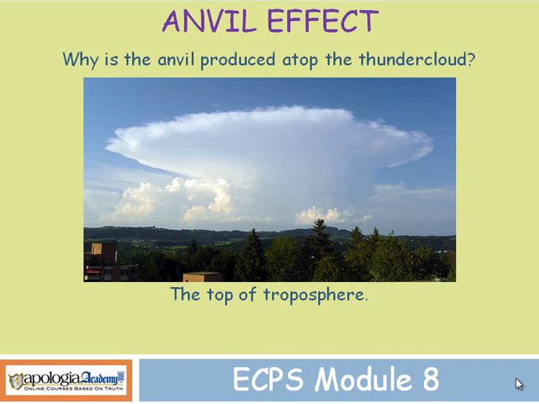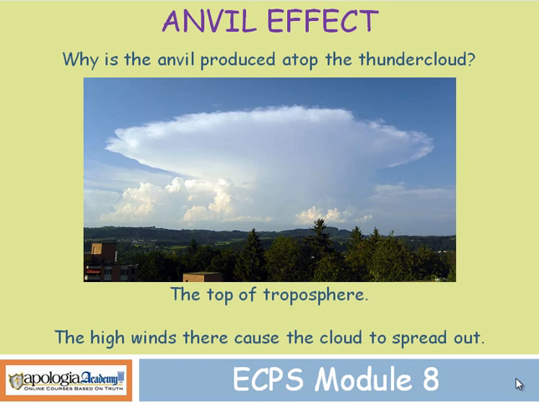And so once the updraft gets to the top of the troposphere, there's only one place for it to go, and that's to spread out. And so these high winds cause the cloud to spread out on top. So the updraft carries the moisture up and up and up, but it reaches the top of the troposphere and can't go any higher, so then it spreads out over the top. So that's where that anvil effect comes from.